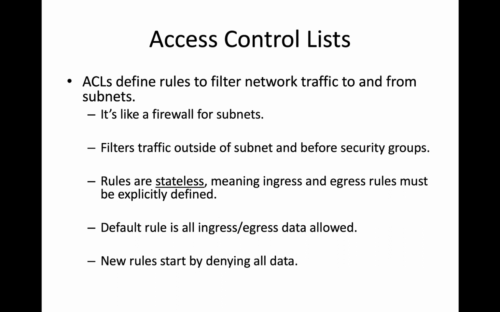Once you start creating rules, however, for an access control list, when you create a new rule for the ACL, then the ACL will deny all traffic unless it is explicitly allowed. So it sort of switches mode from allowing all traffic to only allowing the traffic that is explicitly specified by the rules that you create in the ACL.